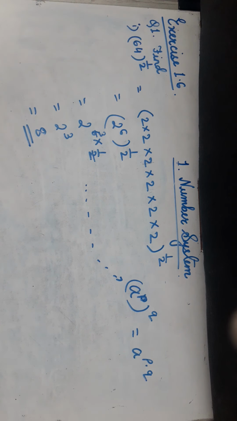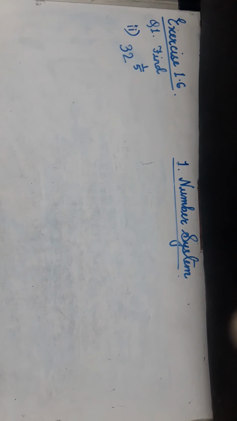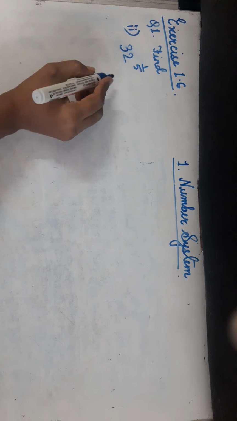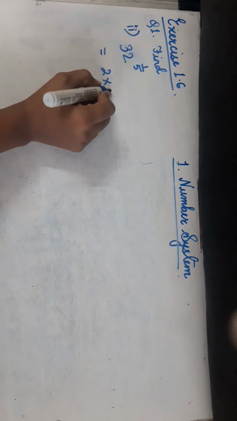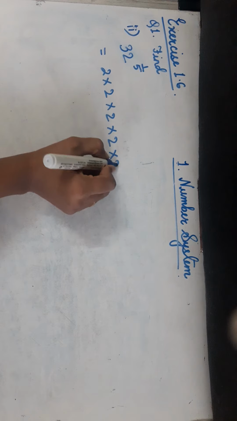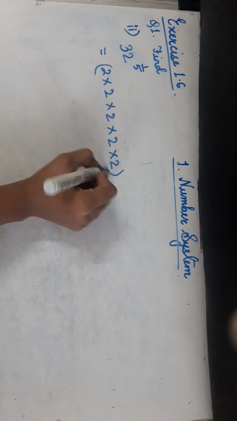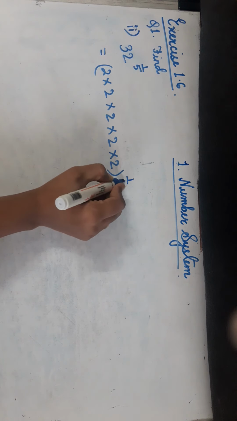Okay. Now let us see the next question. So the next question is 32 raised to 1 by 5. Again simplify that 32. We can write 32 as 2 into 2, 4, 4 into 2, 8, 8 2s are 16 and 16 2s are 32, that is 2 raised to 5. And this whole raised to 1 by 5.